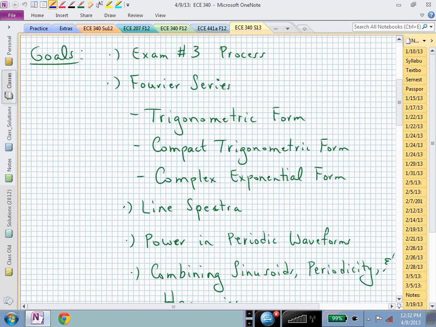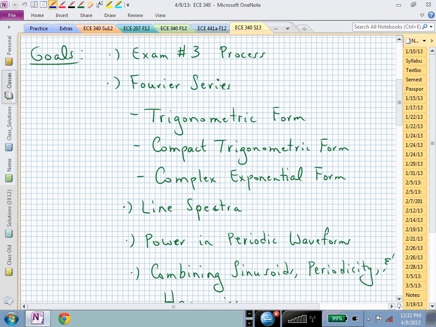Either take a transfer function, create an all-integrator block diagram, take an all-integrator block diagram, find a state space, etc. That's fair game for exam number 3. And for that reason, the problems might have a little different ratio of what gets emphasized on exam number 3, but Fourier series homework 8 material will be on exam number 3.